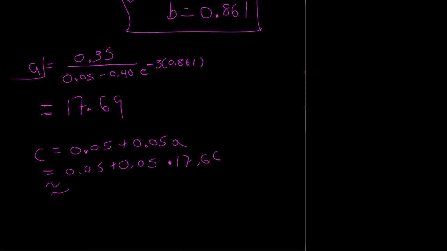And so C is approximately, calculator fun, 0.05 plus 0.05 times 17.69, 0.935.